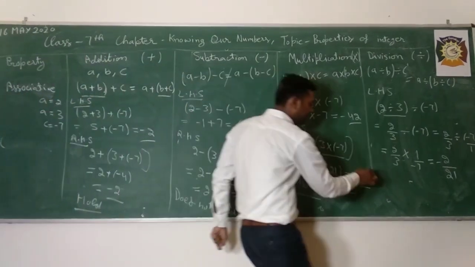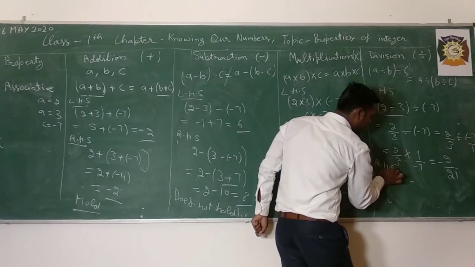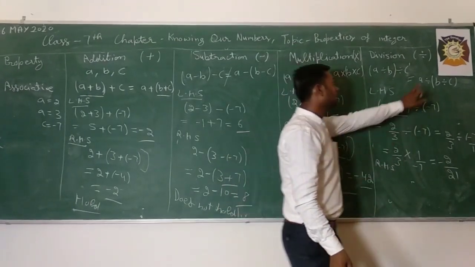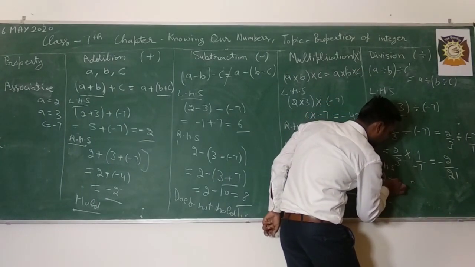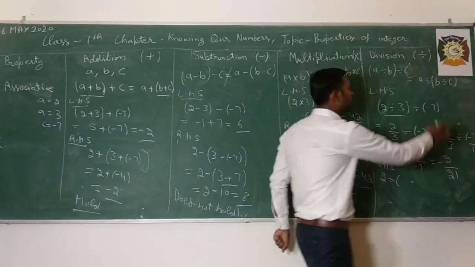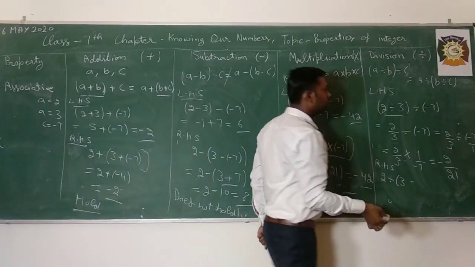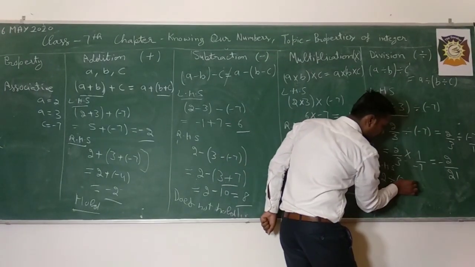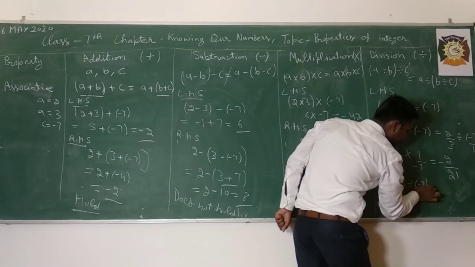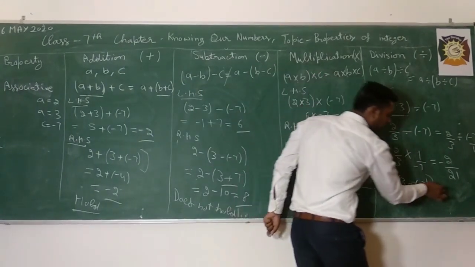Now right hand side. Take A equal to 2 divided by B equal to 3 divided by C equal to minus 7. And now this is our group. We solve it first.